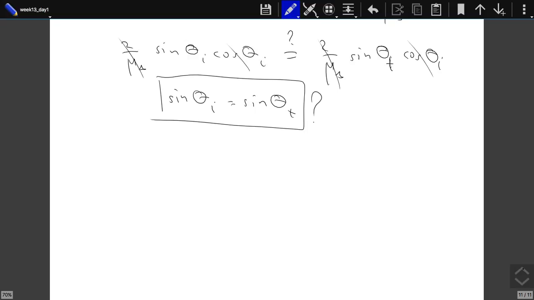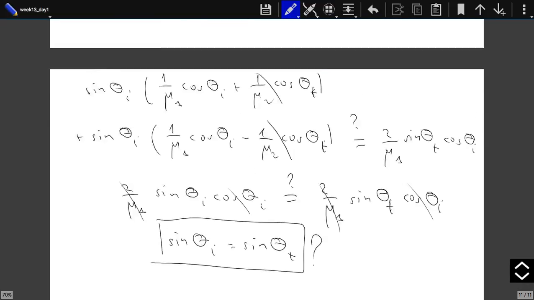Or if both are 0, it's also true. Well, if theta I is 90 degrees, then theta t, they don't both need to be 90 degrees. Remember Snell's law? They don't need to be 90 degrees at the same time, but they have to be 0 at the same time. If they are 0, this holds, but that's not what we are interested in. So we did something wrong, definitely. Let's go back.